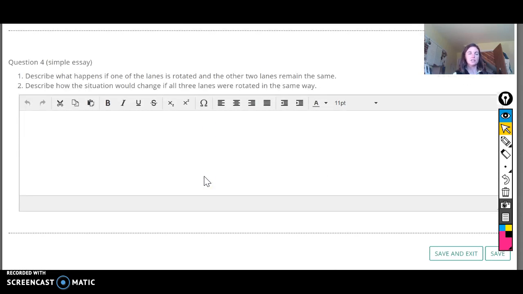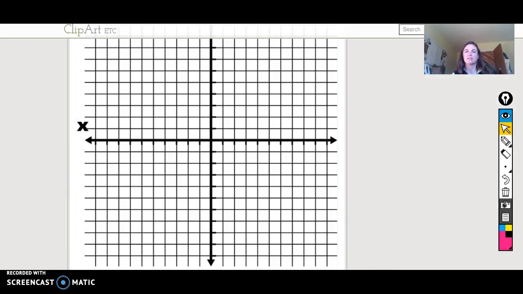Okay, last question. Describe what happens if one of the lanes is rotated and the others remain the same. All right. So if only one of these lanes is rotated, okay, so let's take this line right here, and we're going to rotate it about this point right here, and we're going to rotate it this way.